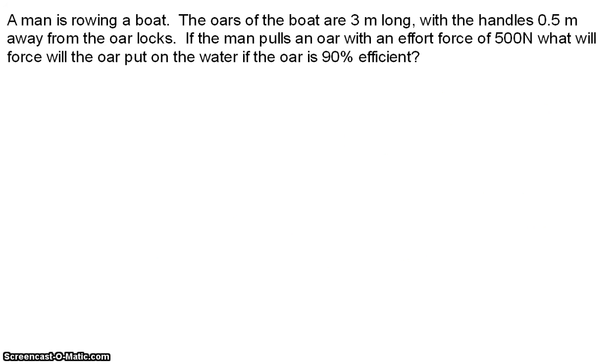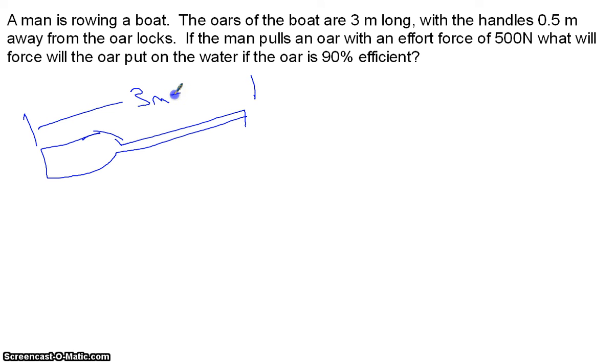A man is rowing a boat. The oars of the boat are 3 meters long. So we have an oar, and the total distance there is 3 meters away from the oar locks. The man pulls on the oar with an effort force of 500 newtons.